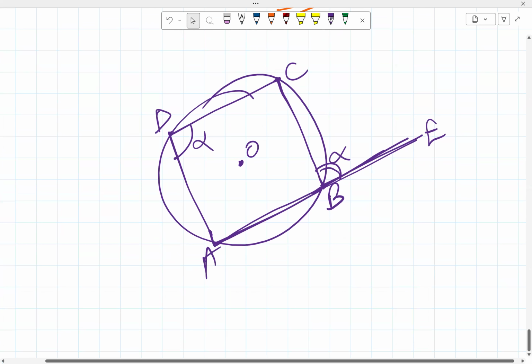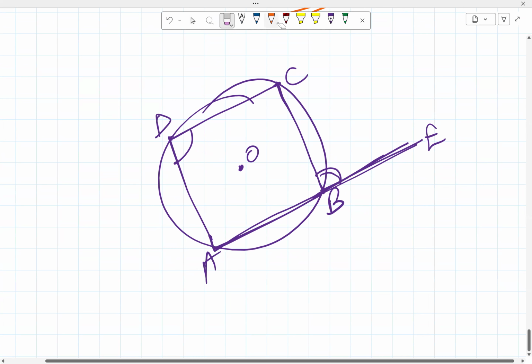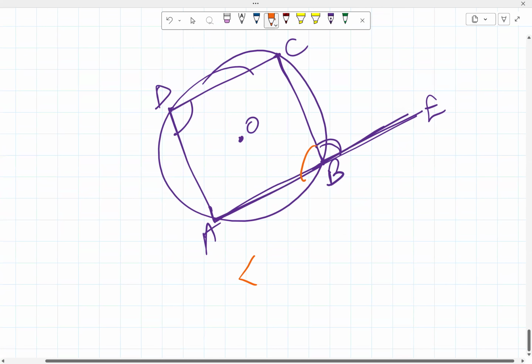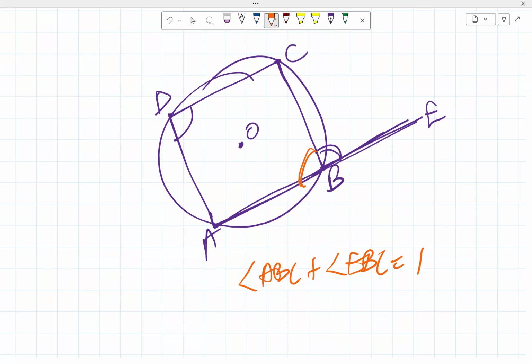We can even take it intuitively, but let me follow the alphabets. First of all, you see that angle ABC plus angle EBC is equal to 180 degrees, settled, right?